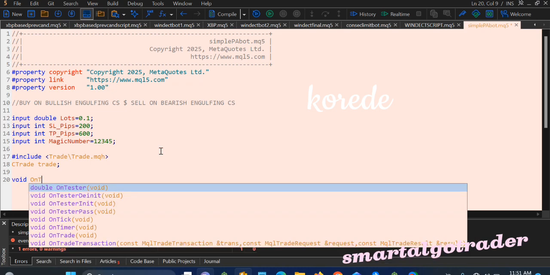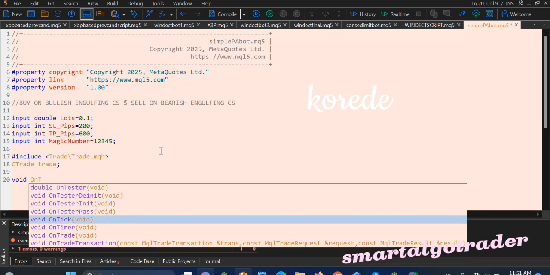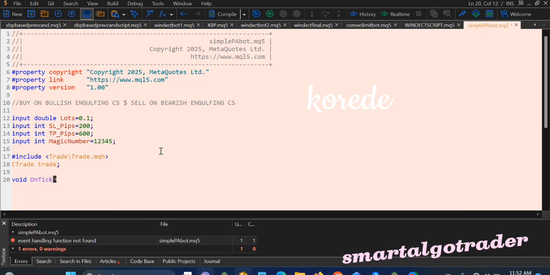Wow, can you see it has given us that? So we put this curly bracket, that's what we're starting with.